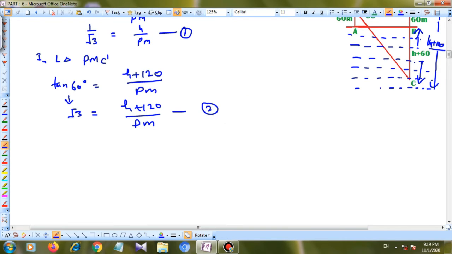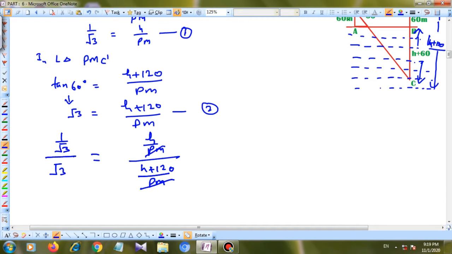Now divide equation first by equation second, then you will get 1 by root 3 upon root 3 equal to h upon PM and h plus 120 upon PM. PM cancels, and this will become 1 by 3. So this is h upon h plus 120.